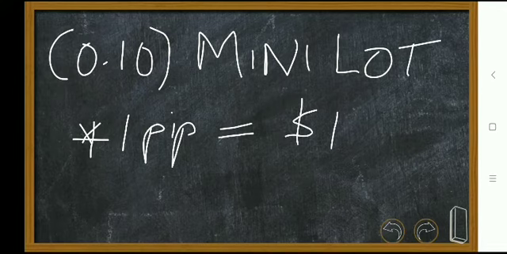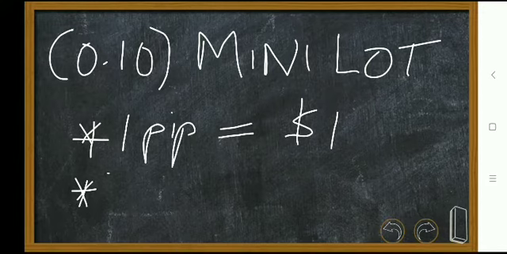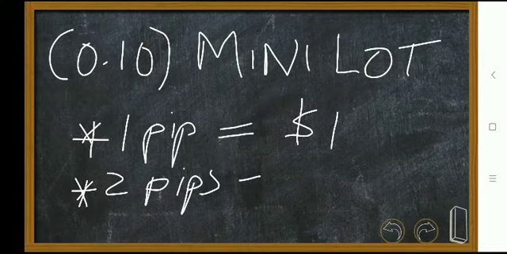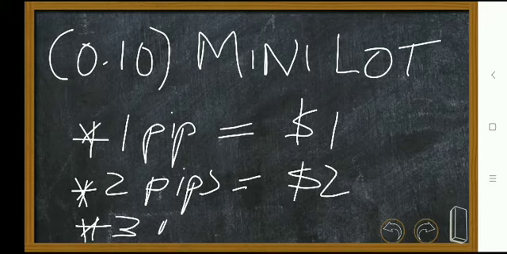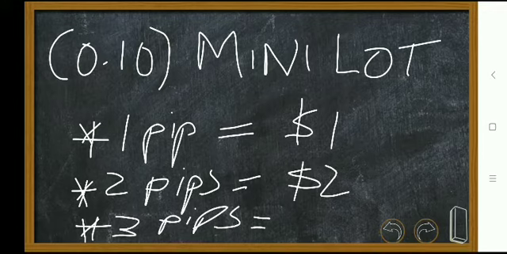So if you gain or lose a pip, you will gain or lose $1. Then 2 pips is equivalent to $2. 3 pips, that's $3.